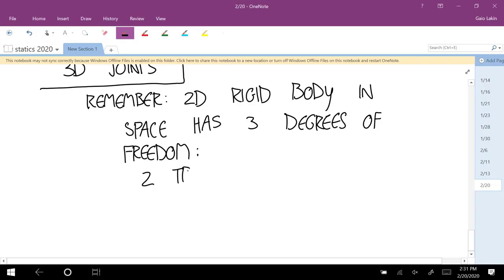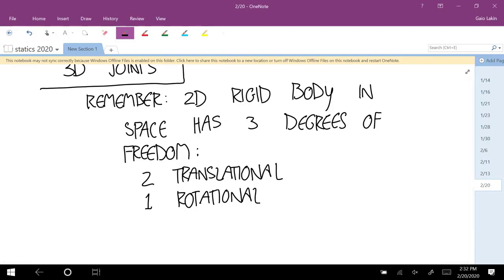Two translational, and 1 rotational. And the number of variables that a joint introduced into Newton's laws all came from how many of these degrees of freedom it eliminates. Okay.